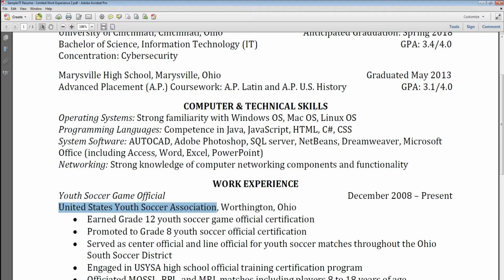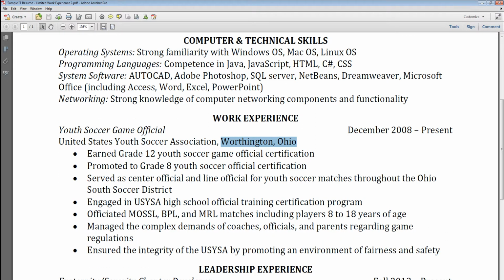If you worked at a Hilton hotel or something, or you worked at McDonald's, you would label that the exact same way right here. And then finally, the location that the employment actually took place, in this case, Worthington, Ohio. So again, just to highlight, we have the title of the position, right alignment, date of employment. We have the organization you represent, and then we have the location for which you actually worked.